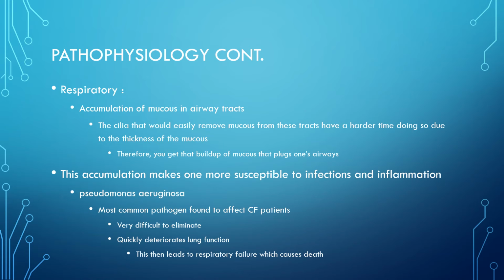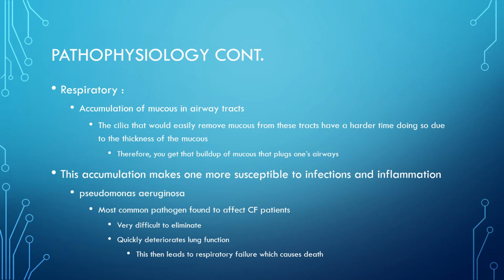The cilia found in our lungs is unable to remove the mucus from our tracts. It has a harder time doing so due to the thickness of the mucus. Therefore, you get that buildup of mucus that then plugs one's airways.